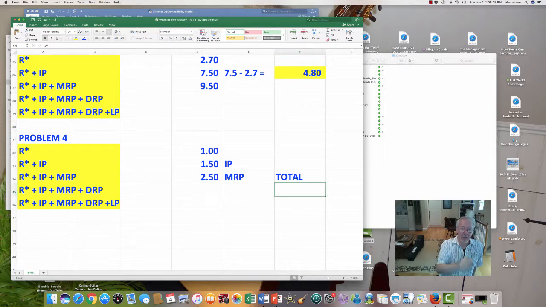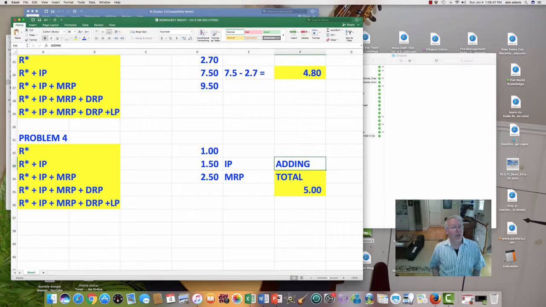It does not have a default risk, so we can totally ignore these two right here. So my real risk-free rate plus my inflation premium plus my maturity risk premium will give me the answer for a T-bond, and the answer is 5%.